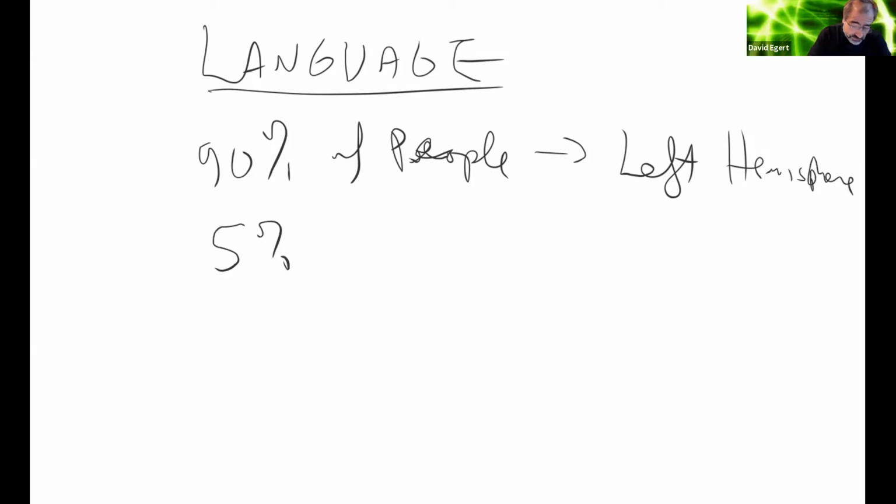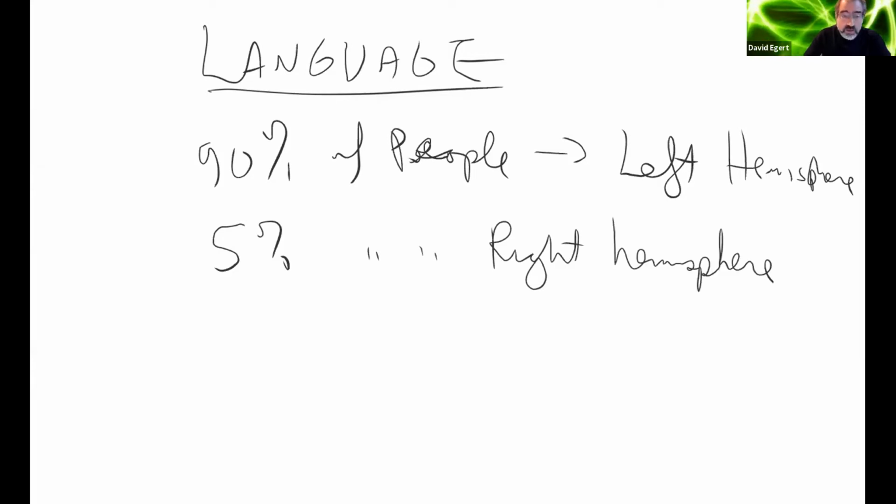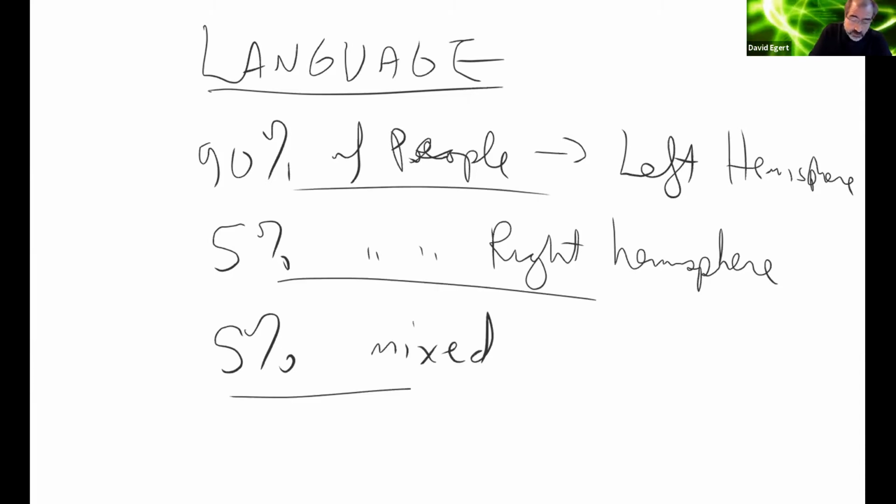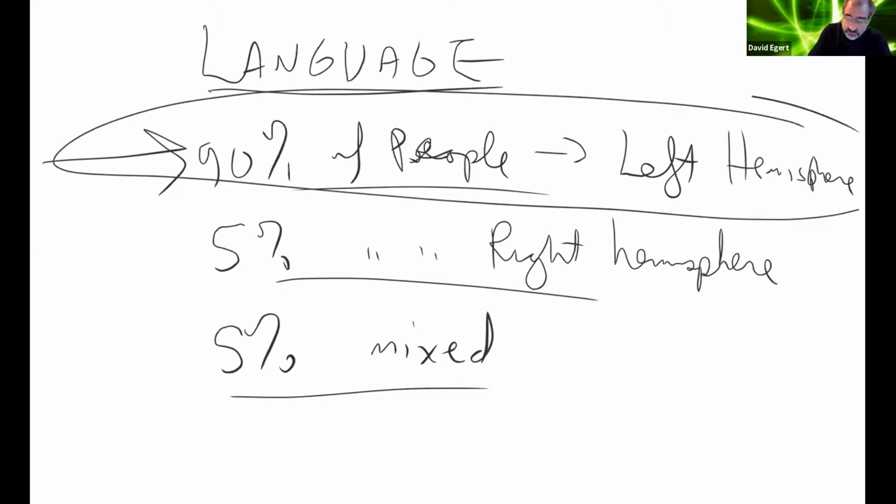Maybe somewhere around 5% of people, it's on the right hemisphere. These, interestingly, tend to be lefties, people who prefer to use their left hand as dominant. Maybe 5% is kind of mixed. But for most people, language is on the left hemisphere, for whatever reason. We'll talk more about that in a few moments. And there's a couple of particular areas that are identified with processing of different aspects of language that we'll look at.